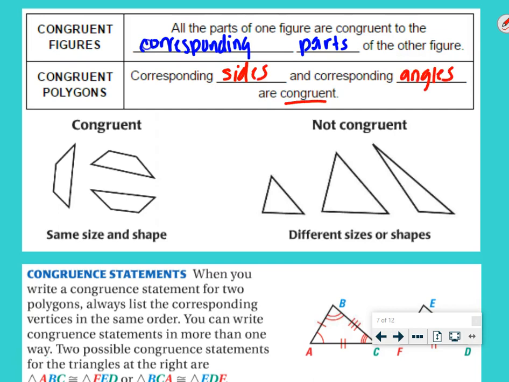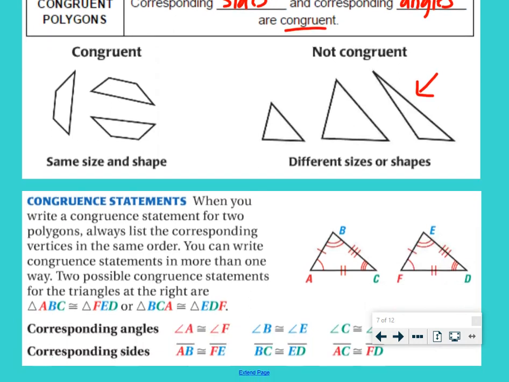Remember, congruent means they have the same measure. So if we look at our examples, congruent figures have the same size and shape. They can be oriented differently, so flipped upside down or on their side, but they have to have the same size and shape. Not congruent would be different sizes or different shapes. So these triangles over here are not congruent to each other because they have different sizes and shapes.